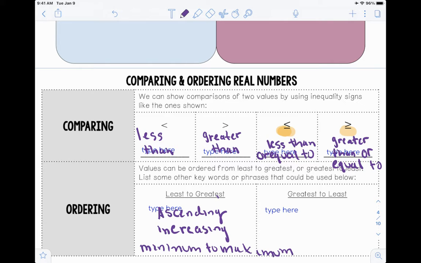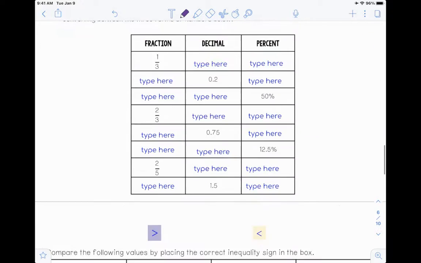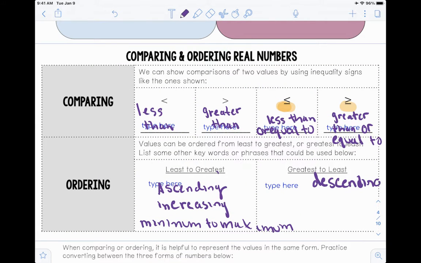So greatest to least would be descending. So I remember it's down or decreasing. Oh, sorry about that. I ran out of room here. Descending and decreasing. And you would go from maximum to min.